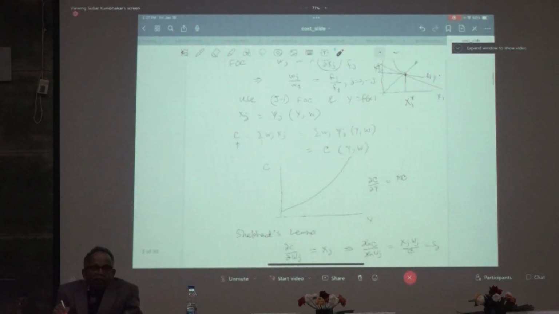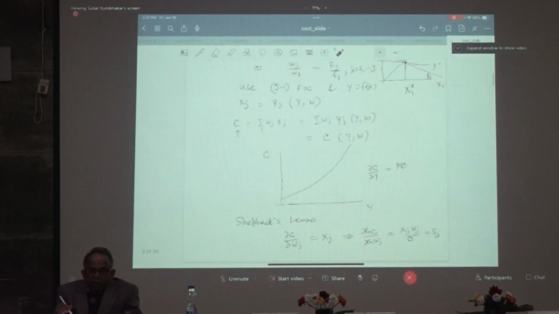So you will see a graph like this. This is cost on this side and output on that side, and this is an increasing function of output, right? Because what is the rationale? Again, this is the marginal cost. That means if you want to produce more output, can you produce more with the lower cost? No, it's not possible, right? So if you want to produce more milk, then you have to increase your cost, right?